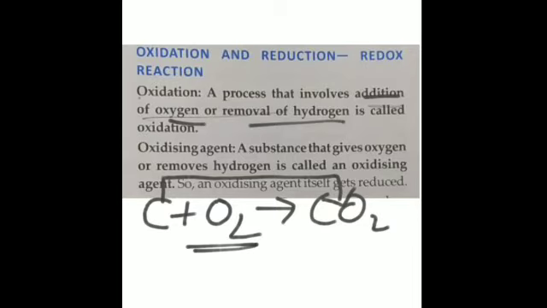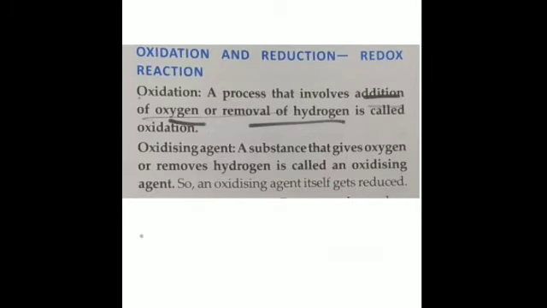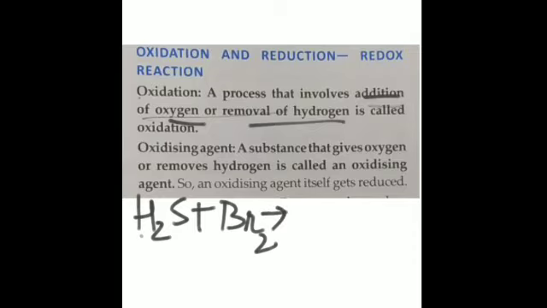Similarly, we can take one more example, that is the second example that I had taken earlier also, that is H2S plus Br2 gives you 2HBr and sulfur. Is that clear?